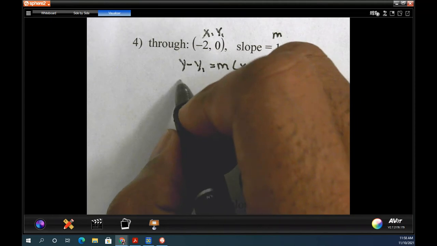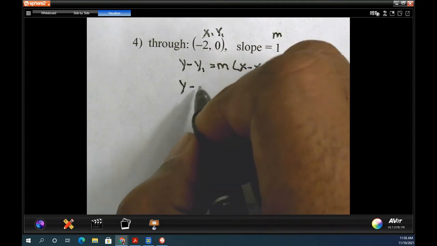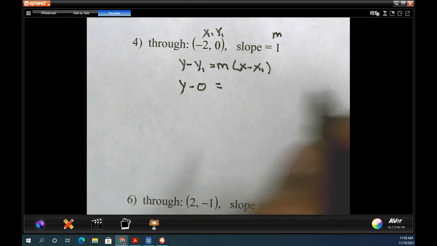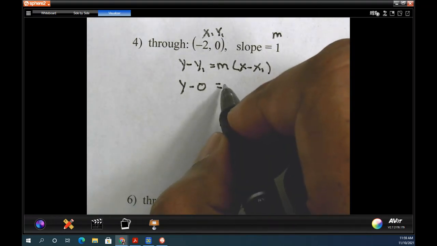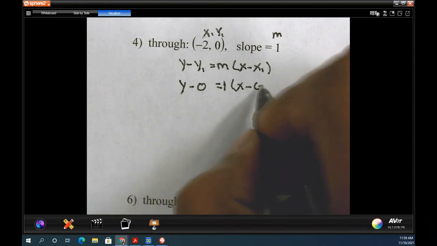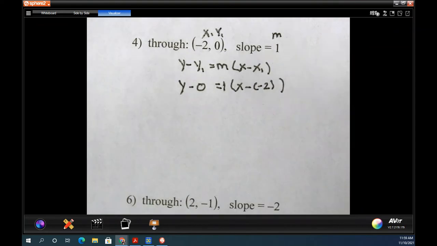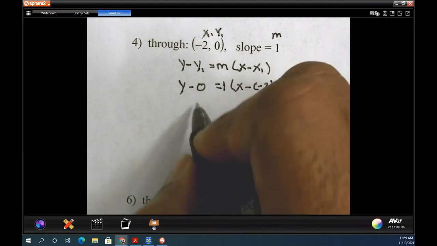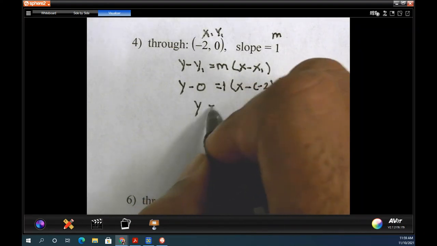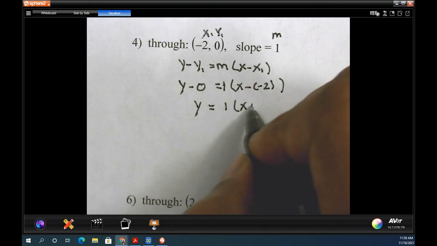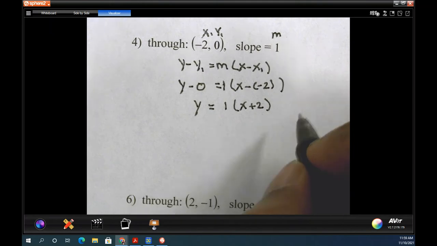So that would be y minus 0 is equal to 1 times x minus negative 2. Double sign. Do I have to write y minus 0? No. You can go ahead and just drop the 0. So y equals 1 times x plus 2. That is point slope form.